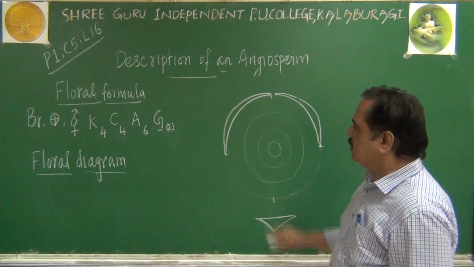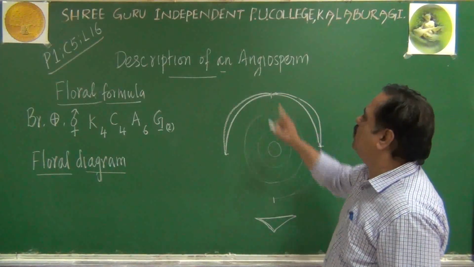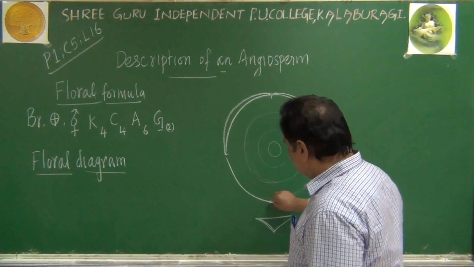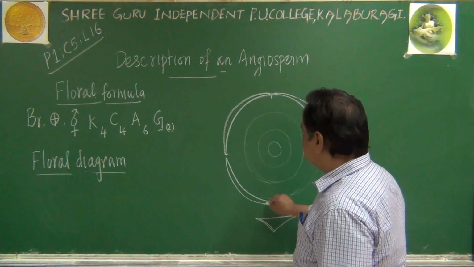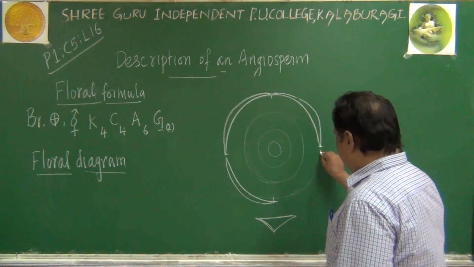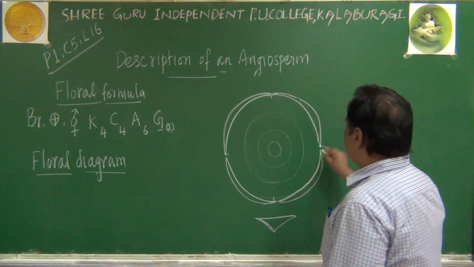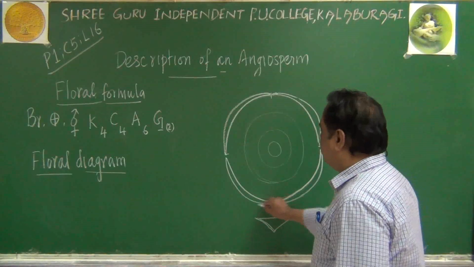Their margins are simply touching each other. The third sepal can be drawn in this manner, its margin simply touching. The fourth sepal can be drawn like this. So 4 sepals we are drawing in this manner.